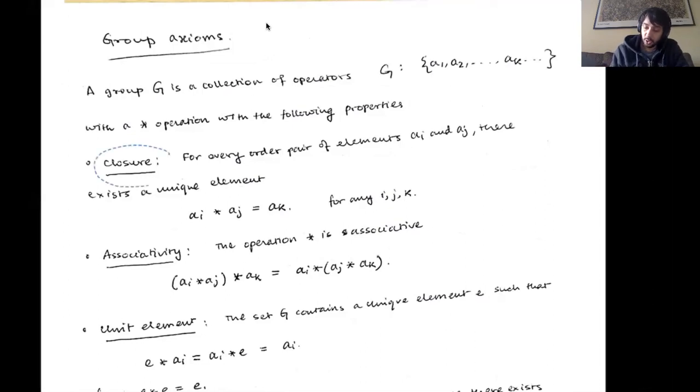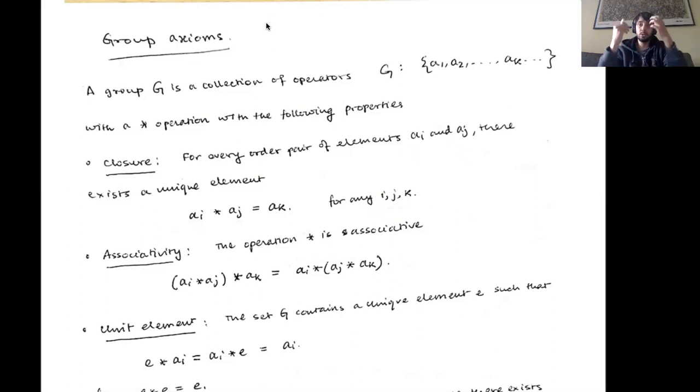The first one is closure. If you have any ordered pair of elements ai and aj, there exists a unique element ak which is related by the star operation. So ai star aj gives ak, and this happens for any i, j and k.